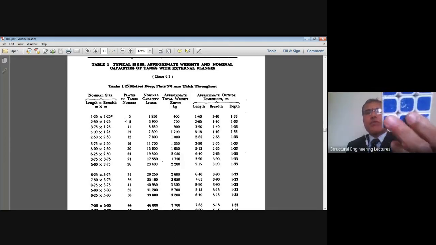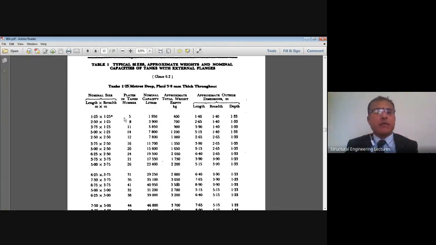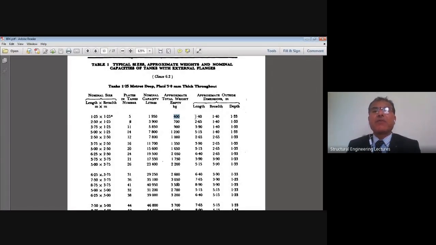Therefore, I require four on the sides, one at the bottom, 4 plus 1, 5 plates are required. Then it can be used for a nominal capacity of 1.95 cubic meters or 1950 liters. Its self weight is approximately 400 kg. The external dimensions are 1.4 by 1.4 by 1.33 for length, breadth, depth.